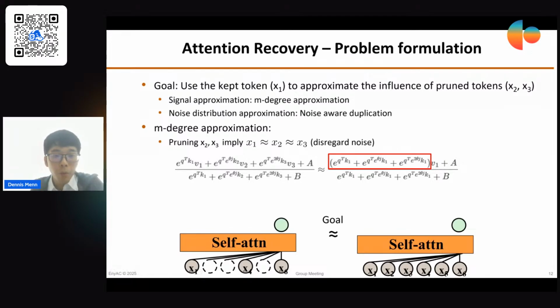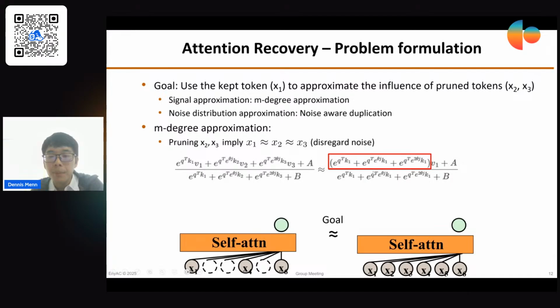Because of how we prune the tokens, we prune X2 and X3 only when X1 is roughly equal to X2 and roughly equal to X3. So we can approximate this term by substituting X2 with X1 and X3 with X1, and form this formula. So we essentially can aggregate this term. And we also have the same term in the denominator.